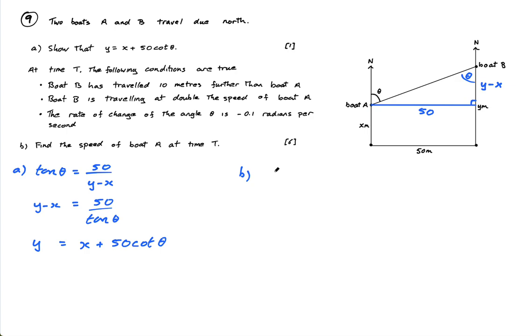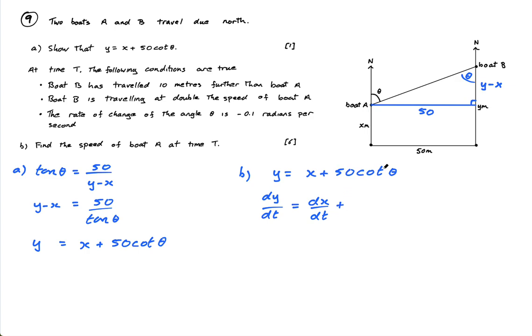Okay, so we have y is equal to x plus 50 cot theta. Now we're trying to find dx dt, but if I find dy dt here, which I'm going to do, dy dt is equal to dx dt, I'm going to get naturally my dx dt here, because the derivative of x with respect to t is dx dt, because this is a function of t.